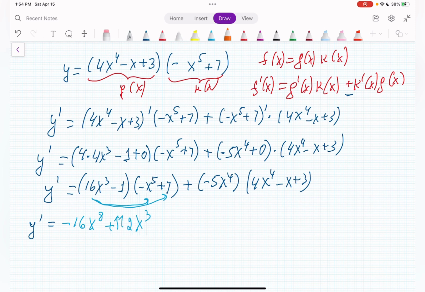Now next one. Negative 1 times negative x to the 5, it's going to be plus x to the 5. And negative 1 times 7, it's going to be minus 7.